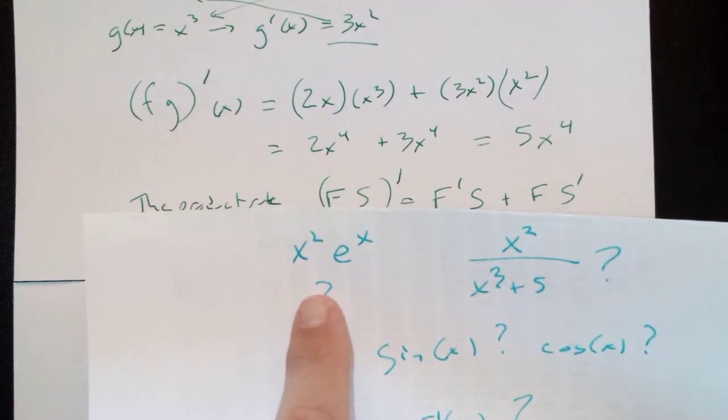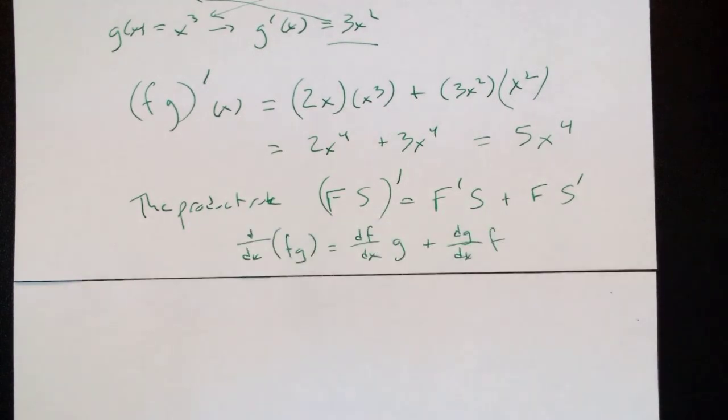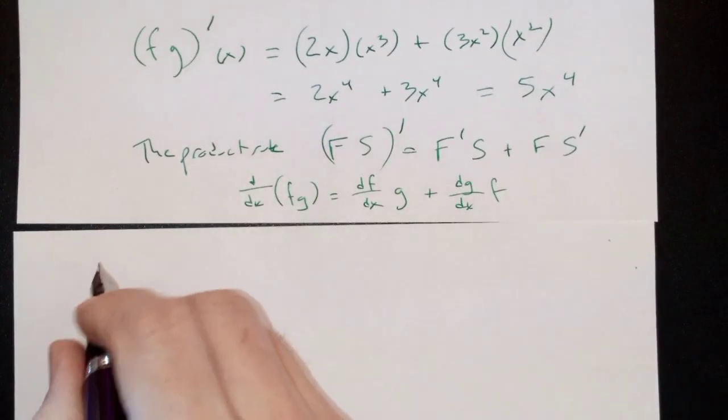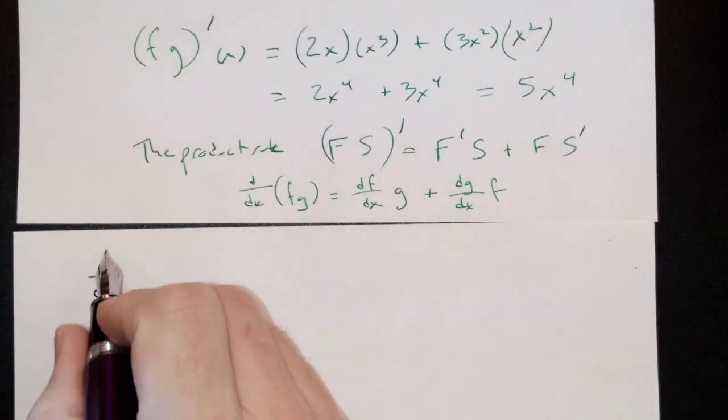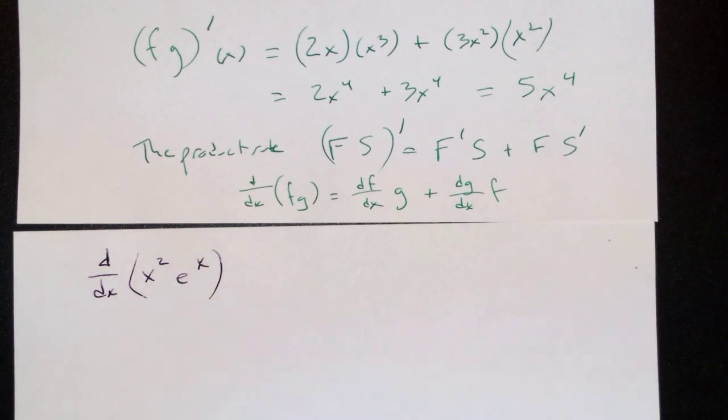Which means I know how to do this. What is the derivative of x squared times e to the x?